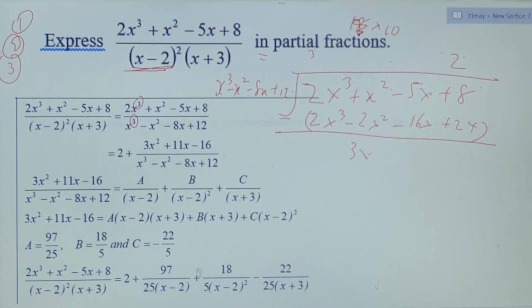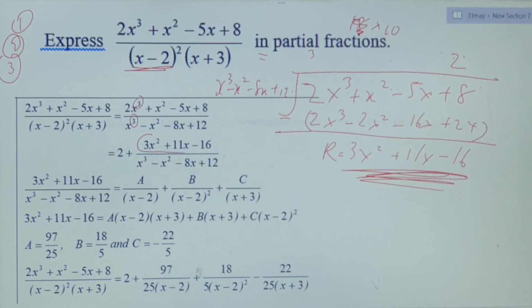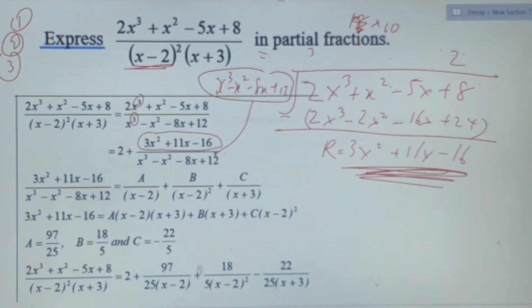Then you will get 3x squared plus 11x minus 16. So this remainder you put here, this divisor you put here, and the quotient is here. So it's 2 plus whatever is the remainder over whatever is the divisor.